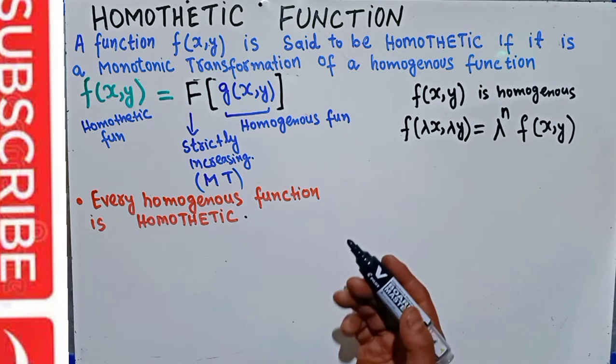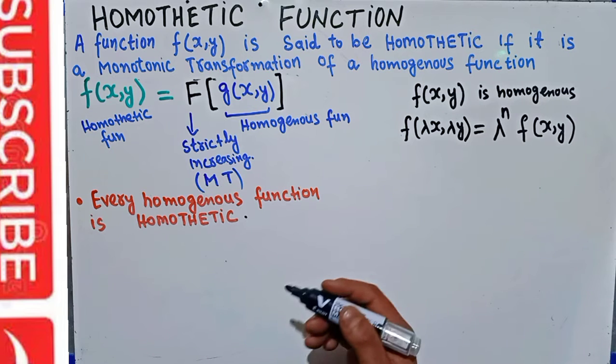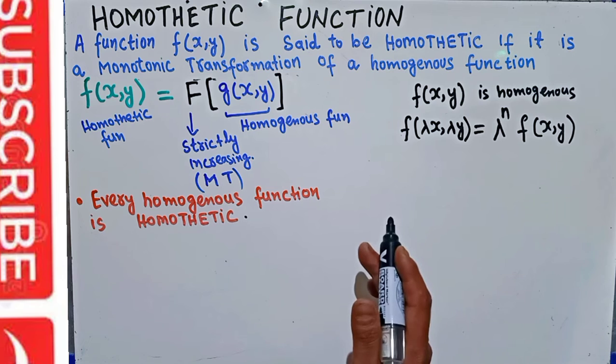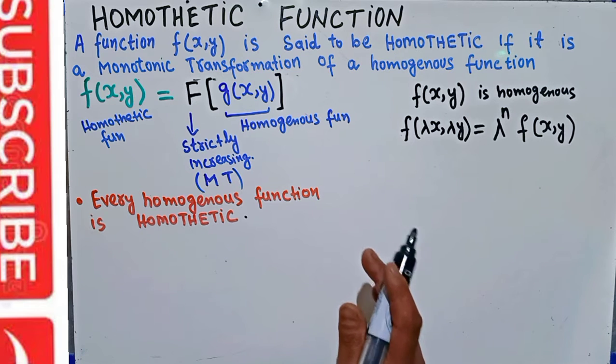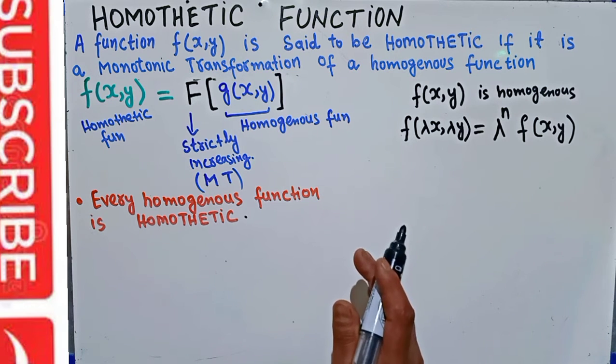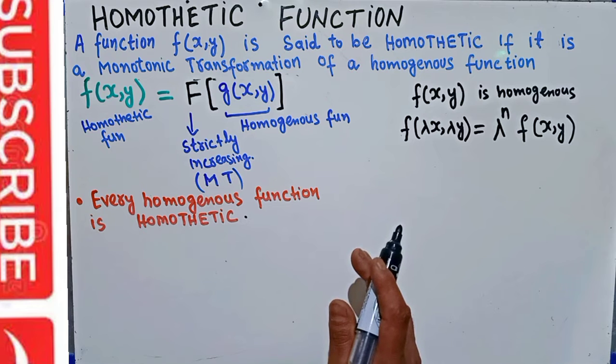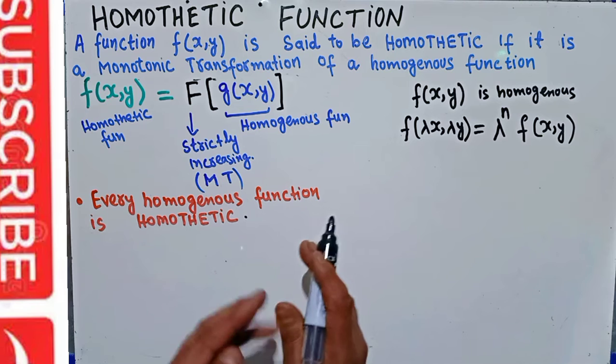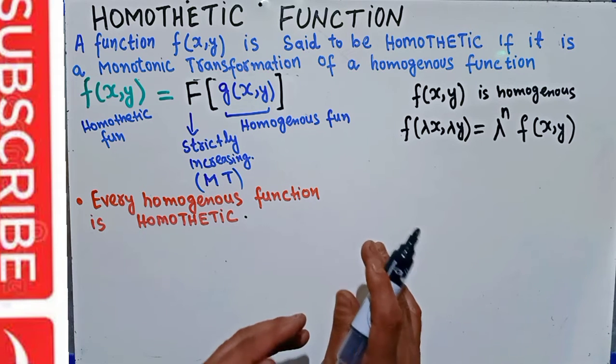Now if we have a function and we are supposed to prove whether it is homothetic or not, first we need to check whether the function is homogeneous. To prove a function is homothetic, we simply need to prove that it is homogeneous.